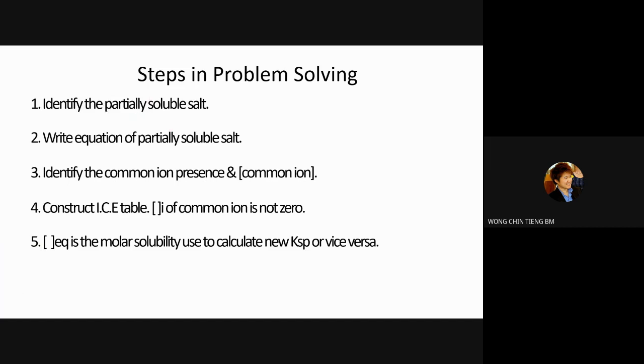So saya boleh guna. You need to identify the partially soluble salt as always. Write the equation of the partially soluble salt as always. Over here, the new thing is the common ion. Who is the common ion? Not only the common ion, I want to know the concentration of the common ion. Sebab concentration common ion adalah concentration yang kita nak masuk dalam ice table.